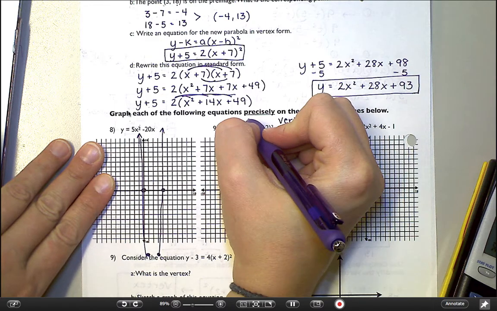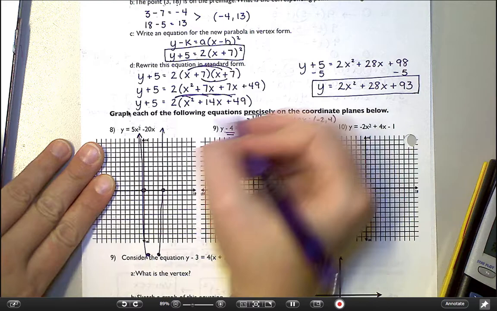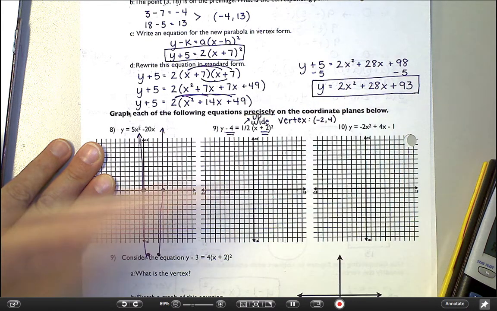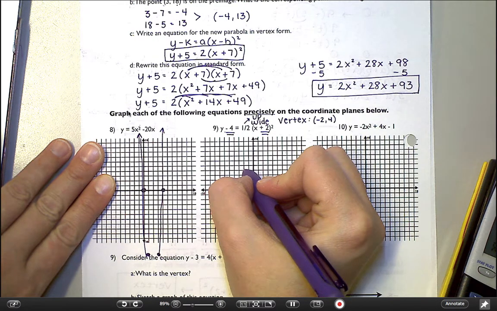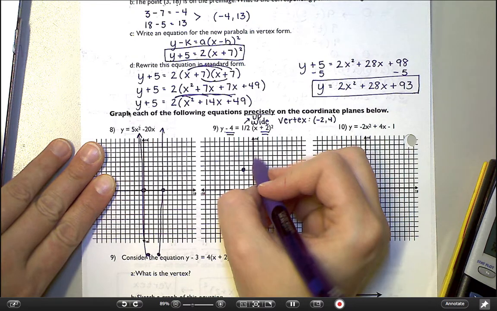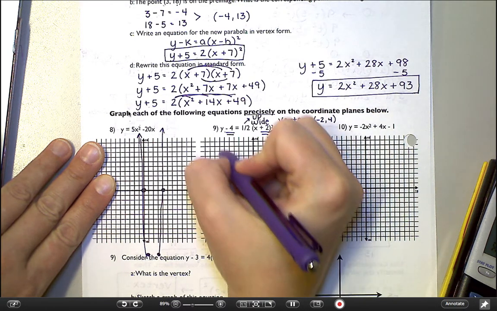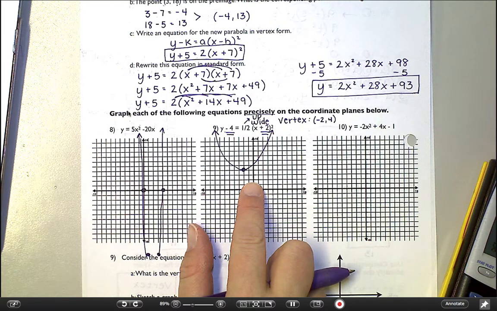And from this 1/2, I would want you to say, well, it's going to open up because it's positive, and it's going to be wider than normal because it's less than 1. So negative 2 comma 4 would be here. And then I would want to make sure that we're going up and that we're a little bit wider than normal.